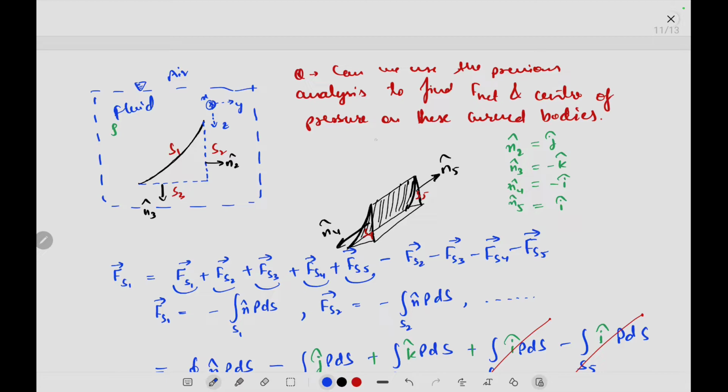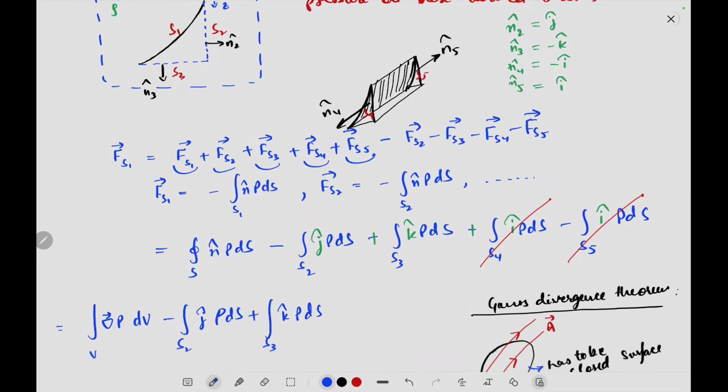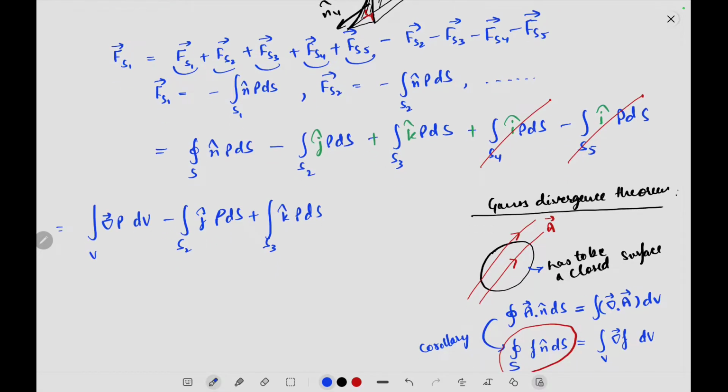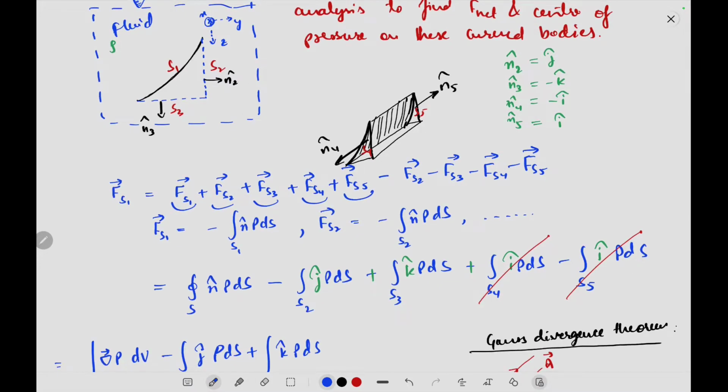Since the previous analysis cannot be used directly, we created some hypothetical surfaces so that this surface becomes part of a closed surface, and using simple analysis of writing force in terms of pressures and knowing the values of these unit vectors, we wrote n2, since it is in the direction of the y-axis, n2 becomes j hat, and n3, since it is in the direction of the minus z-axis, will be minus k hat.